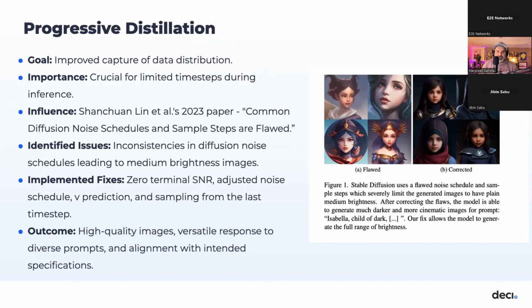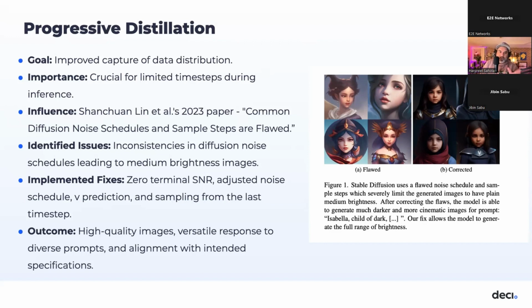So they achieved a more harmonious alignment between training and inference by ensuring a zero terminal signal to noise ratio, and implementing other fixes like adjusting the noise schedule, switching to V prediction, which we'll talk about next, and then always sampling from the last time step.